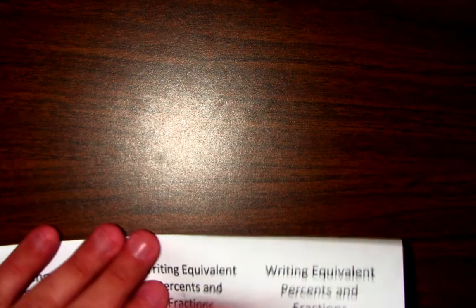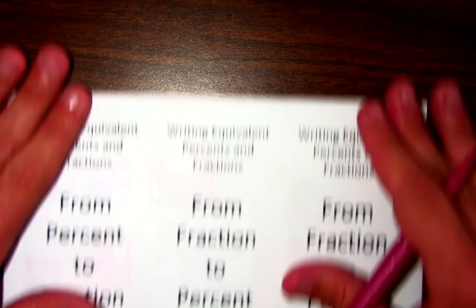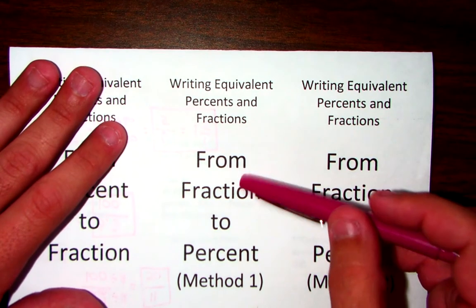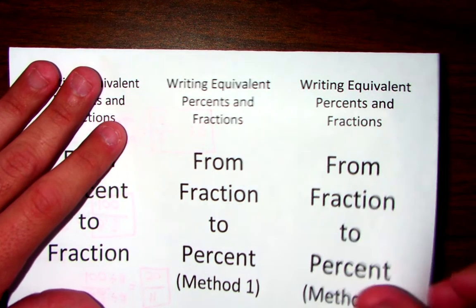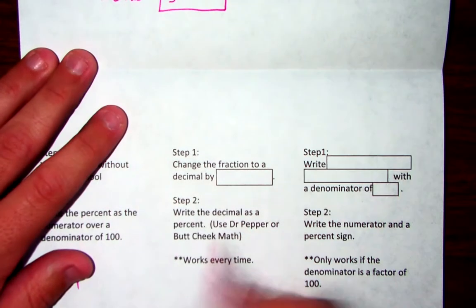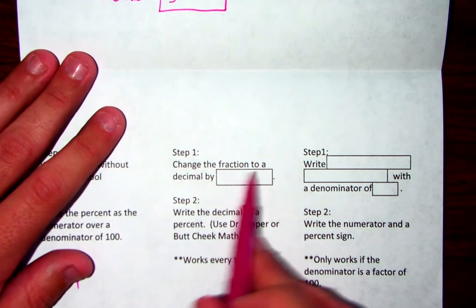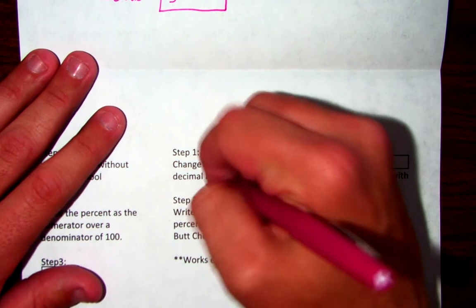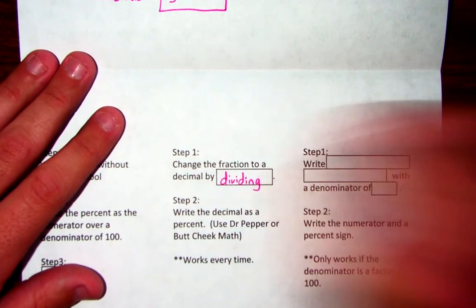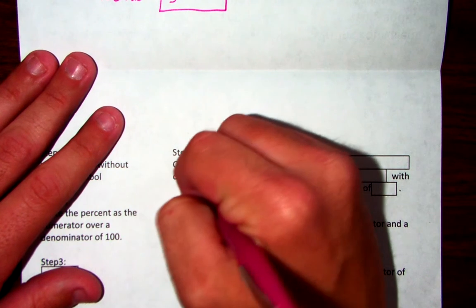Now this one says, writing equivalent percents and fractions from fraction to percent, and this is method number 1. It says change the fraction to a decimal by dividing. We also know that as TIBO, top in, bottom out.